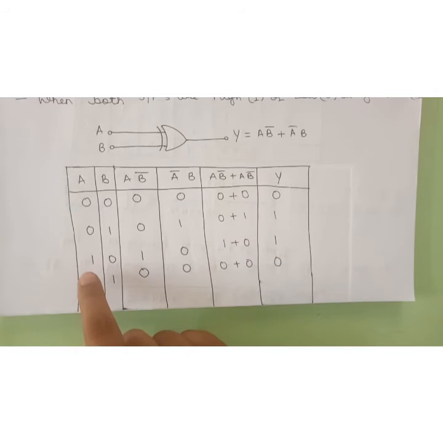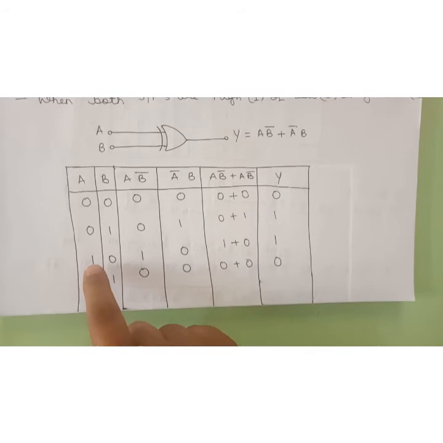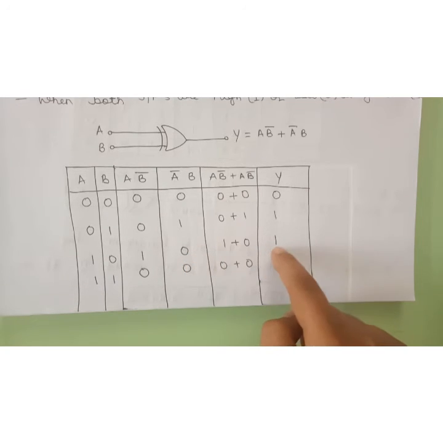Next, if we give the inputs as 1 and 0, then A B bar will be 1, because A will be 1 and B bar will be 1. So 1 into 1 is 1, and A bar B will be 0, because A bar is 0 and 0 into 0 is 0. So the output will be 1 + 0, which is 1. Now the inputs are 1 and 1.